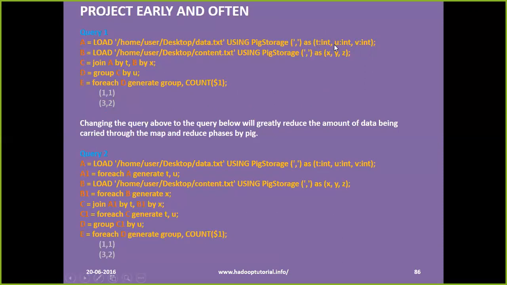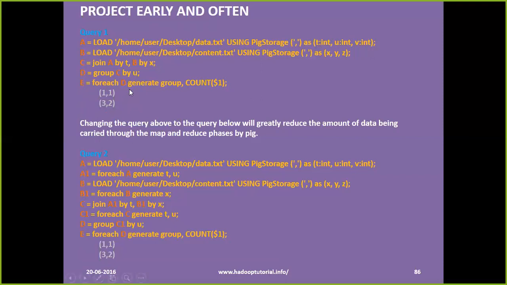In this, I have three columns T, U, V, and in this X, Y, Z. And I'm joining them, A by T and B by X. And finally, grouping the joined result by U.